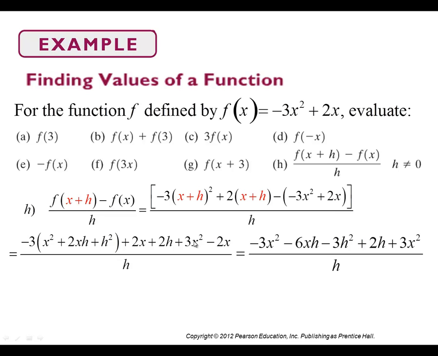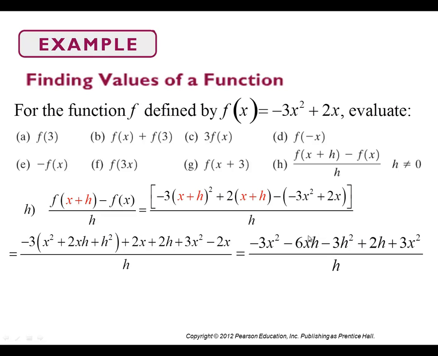And so you've got your plus 2h here, and your plus 3x squared is here. Okay, well, you have your minus 3x squared and your plus 3x squared, they cancel out. You've got a minus 6xh minus 3h squared plus 2h.